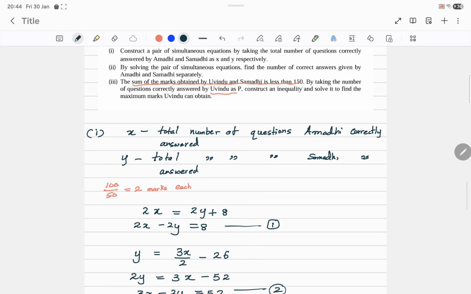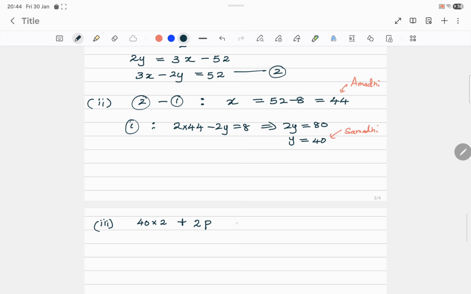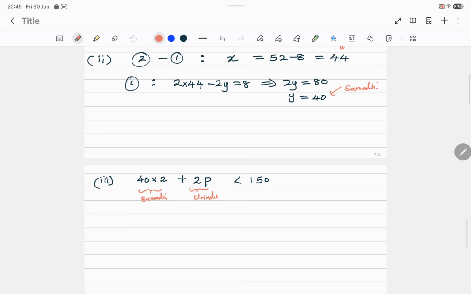And then the sum of those marks together is less than 150. So this is the inequality you have to create. This is the amount of marks Samadhi got, this is the amount of marks Uvindu got. Uvindu answered P questions correctly, so 2 times P is Uvindu's score.